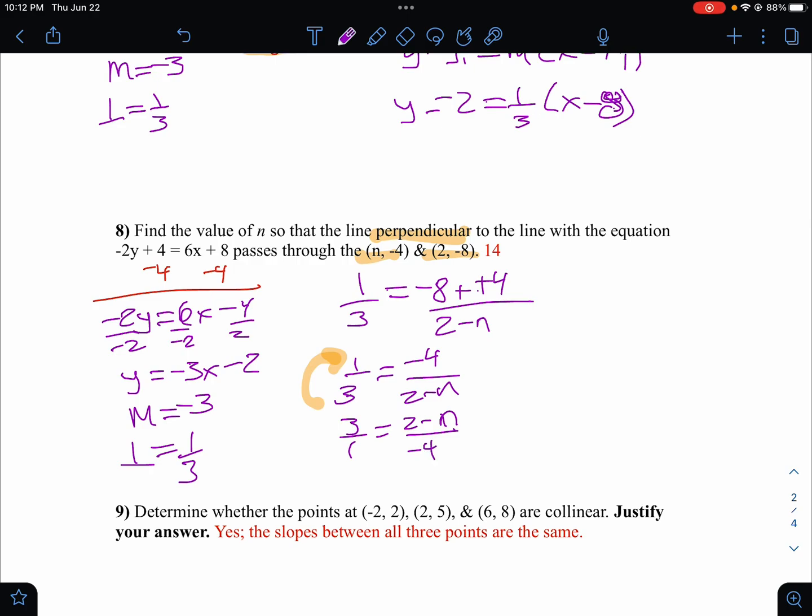Now let's solve that equation for n. Multiply both sides by negative 4. So we get negative 12 equals 2 minus n. I'll subtract 2 from both sides. Negative 14 equals negative n. Well, if negative 14 equals negative n, n is 14. And there's your answer.